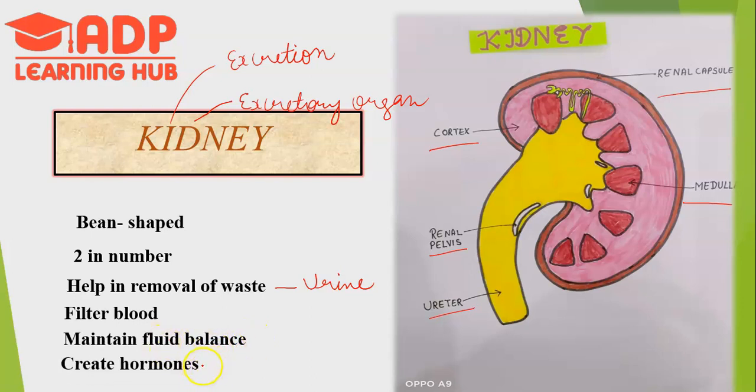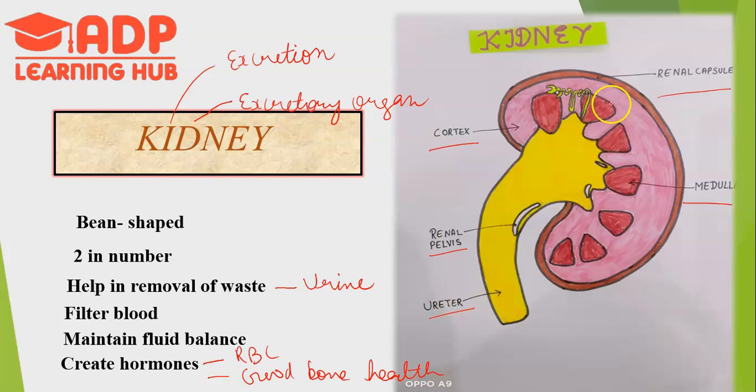It also helps in creating the hormones that produce the RBCs and the hormones which promote good bone health, and many more. So these are some basic functions of the kidney.